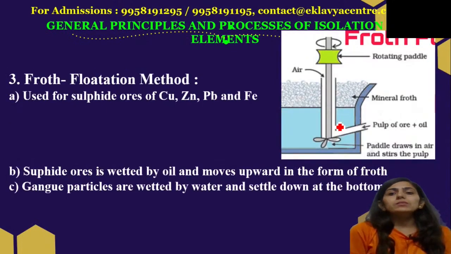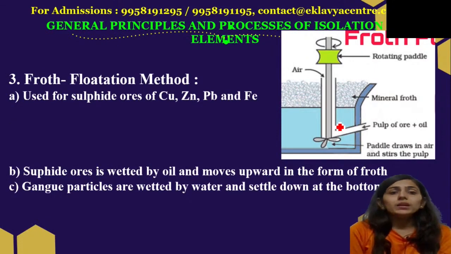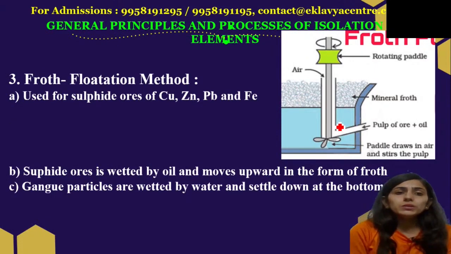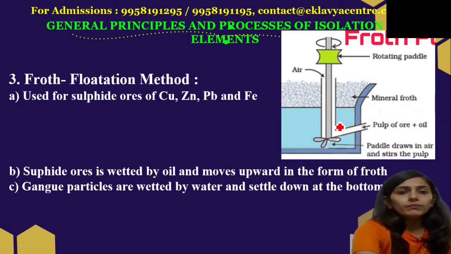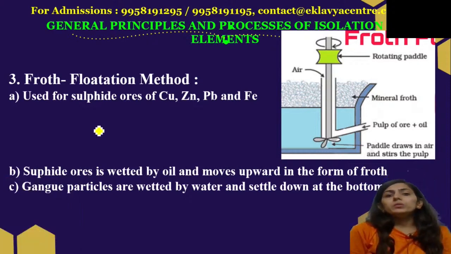Next we have the froth flotation process. This is a very important process. The froth flotation method is used only for the sulfide ores of copper, zinc, lead and iron.